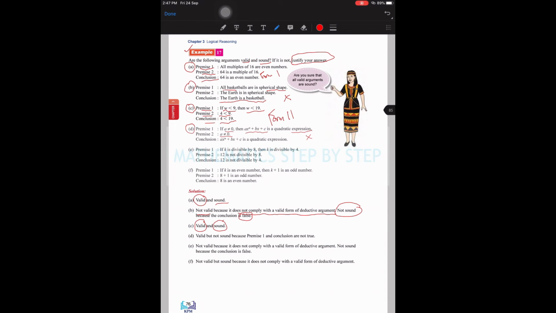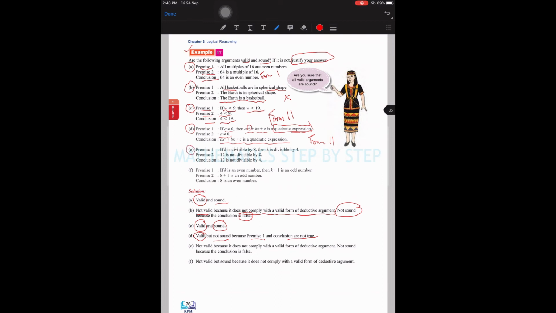So this is not, okay, then a not equals to 0. ax^n + bx + c is a quadratic expression, okay? This is a valid form, okay? This is in form 2. Then it is not sound because premise 1 and conclusion are not true. If it is a quadratic expression, this should be equals to 2, not equals to n, okay? So we have learned this in chapter 1. So I hope you still remember.